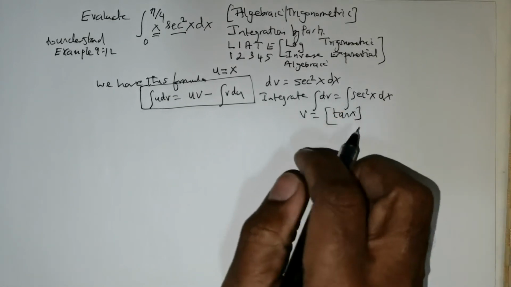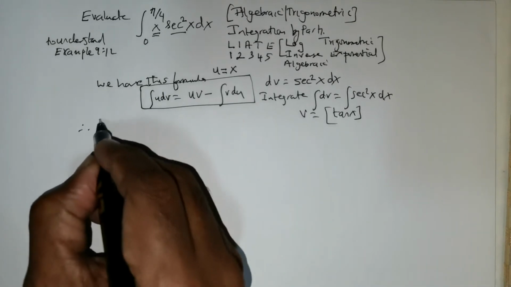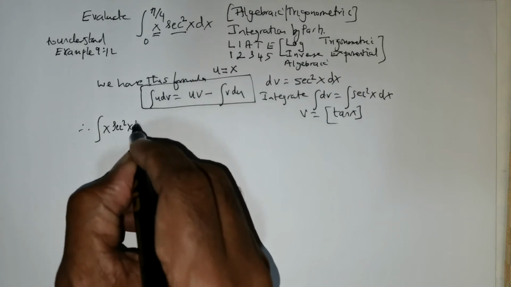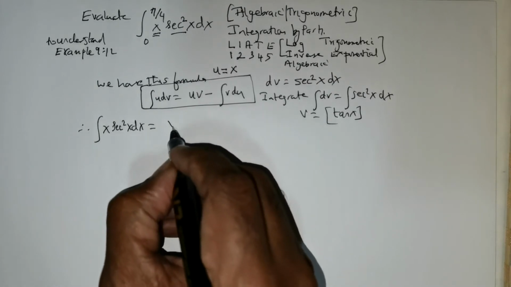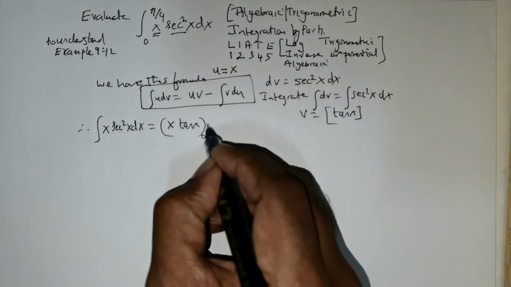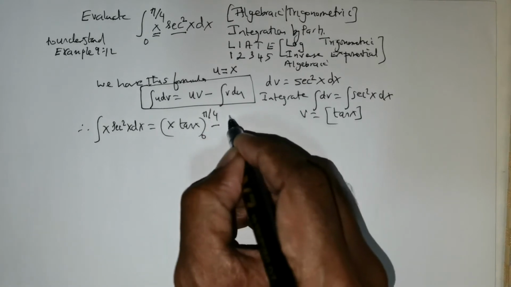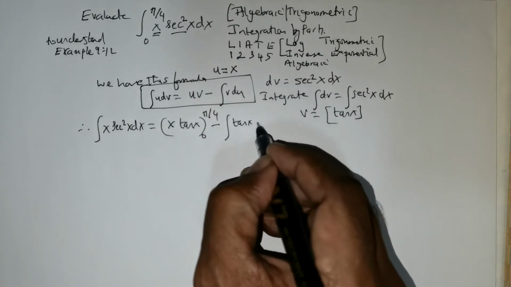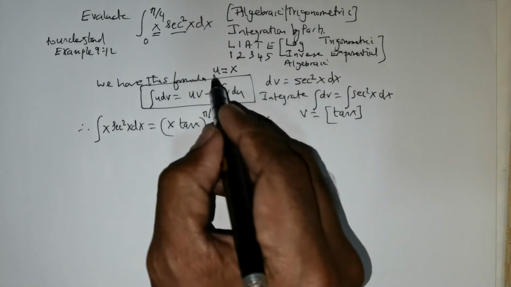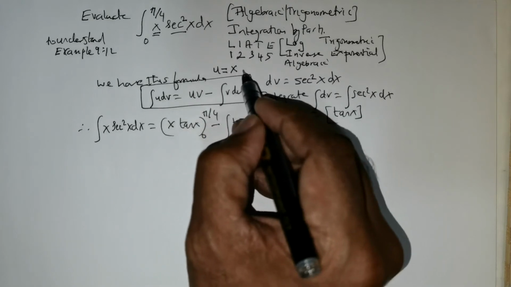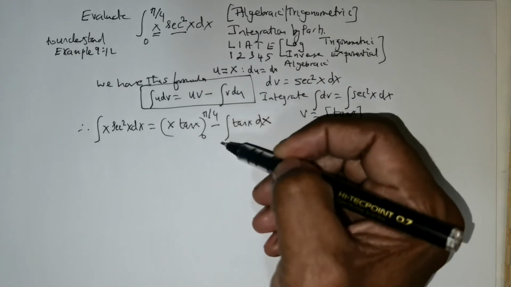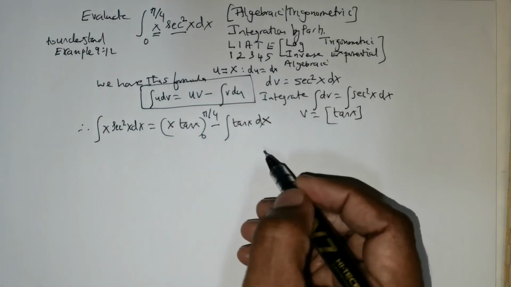So substituting, x times secant squared x dx is rewritten as x times tan x, with limits 0 to pi divided by 4, minus the integral of v, which is tan x, times du, which is dx. Because u is equal to x, when you differentiate u you get dx, so du is equal to dx. So this is what we have got.